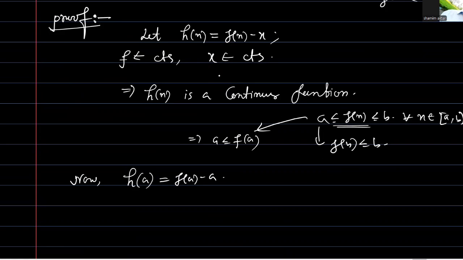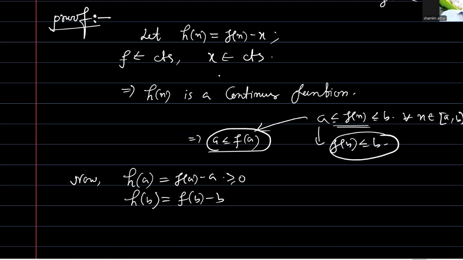From this inequality we find this is greater than or equal to 0, because the value of f of a is greater than or equal to a. And now h of b is equal to f of b minus b. From this inequality we find this is less than or equal to 0.